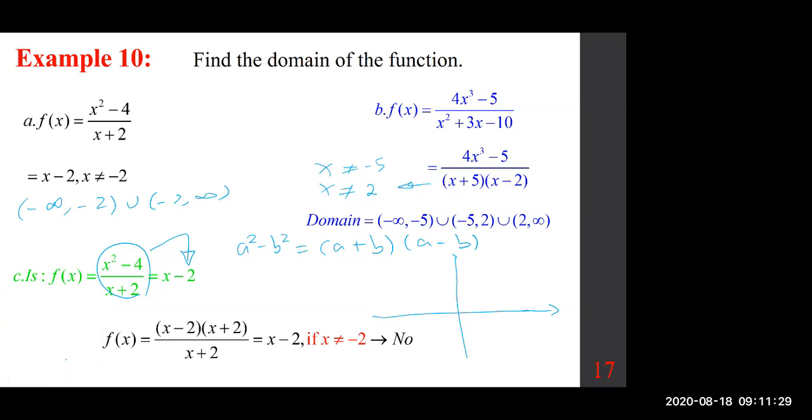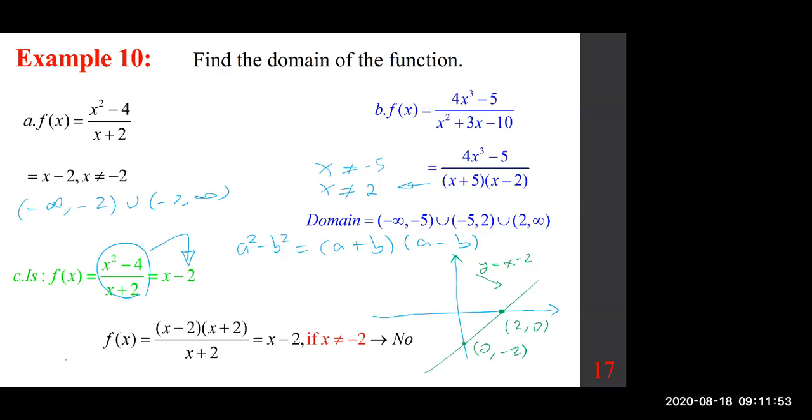It looks something like this, class. So this is 2, 0, 0, -2. And this is the graph of y equals x minus 2.